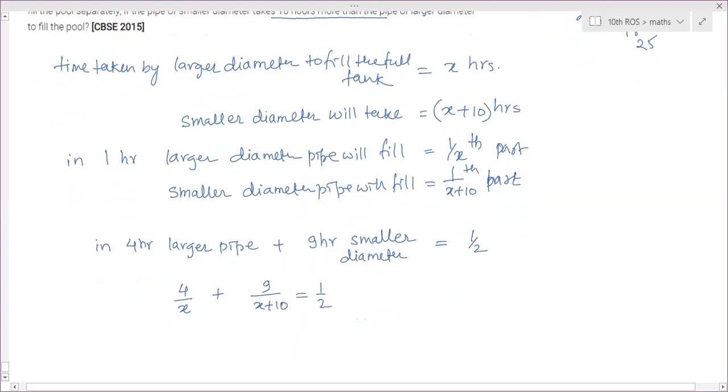Same question with same values we have solved. You have to consider (4x + 40 + 9x) divided by (x² + 10x) is equal to 1 by 2.